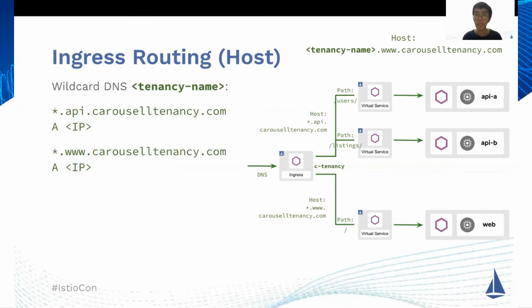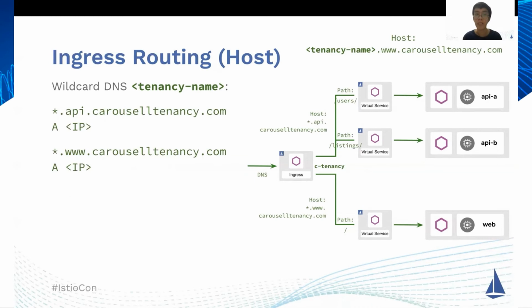And here, good thing that major DNS providers allow us to use wildcard DNS. That way, we can set up *.api.carouseltenancy.com and then point it to the external load balancer IP.